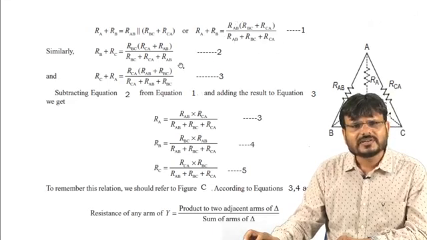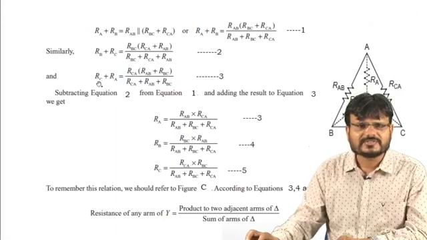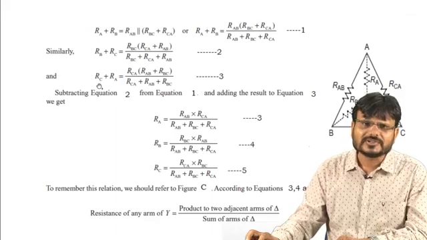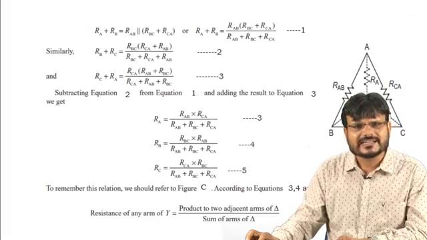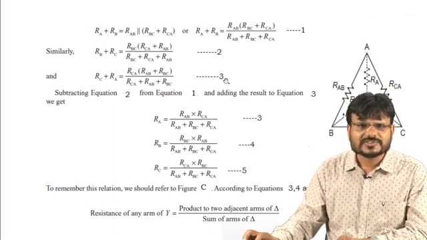Similarly, you can calculate between B and C, RB plus RC, written by this equation. Similarly, you can calculate the equivalent resistance between terminals C and A, which is denoted as equation 3. RC plus RA can be written as RCA multiplied by RAB plus RBC, divided by RCA plus RAB plus RBC.